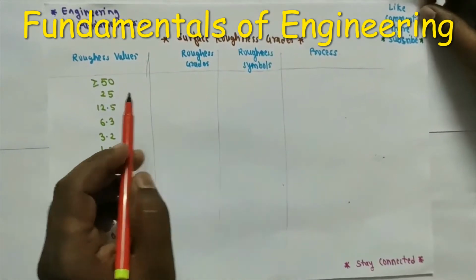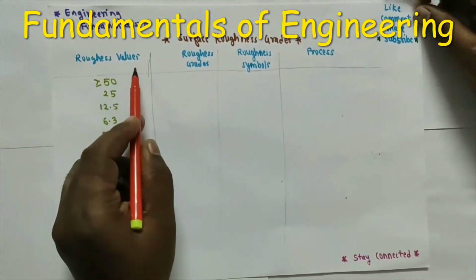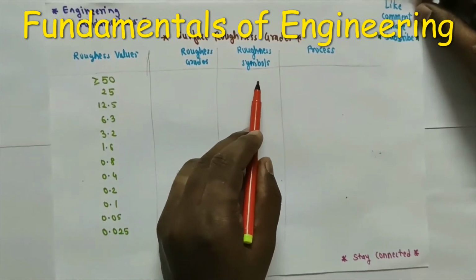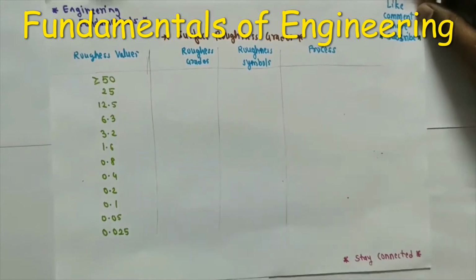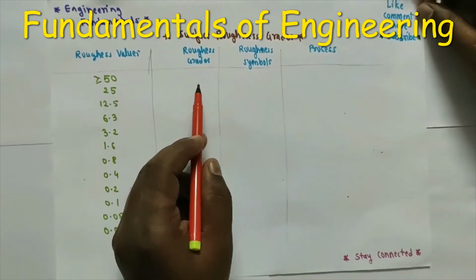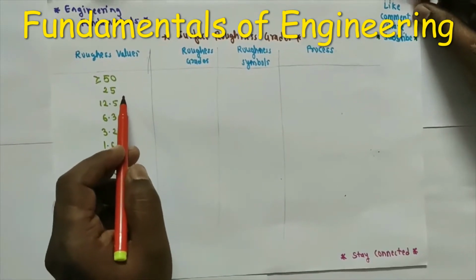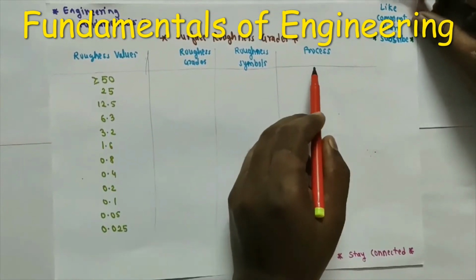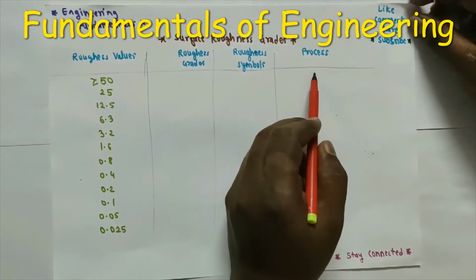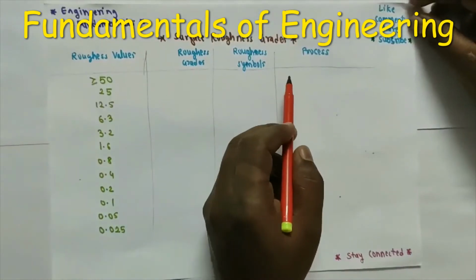These surface roughness grades we can identify based on the roughness value we get, and the roughness symbol we can see on an engineering drawing. These roughness symbols signify the surface roughness grade and surface roughness values, and we apply these symbols when we do the process, and by using which process we get these surface roughness grades and values, that we are going to see.